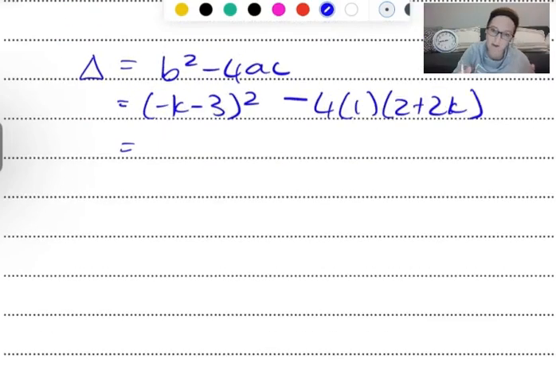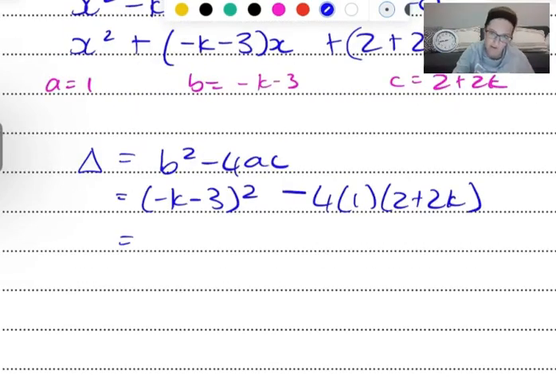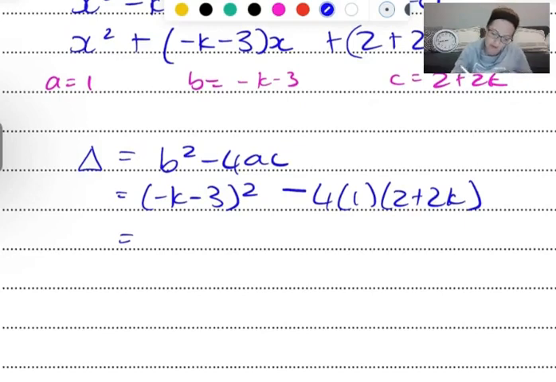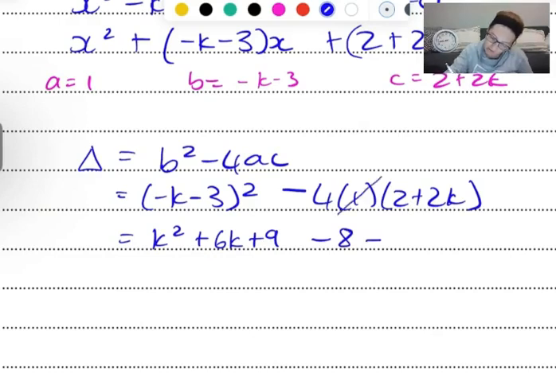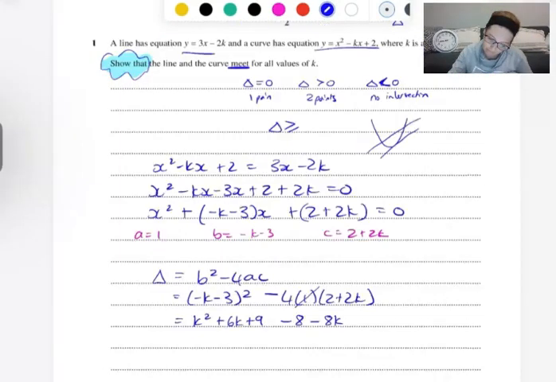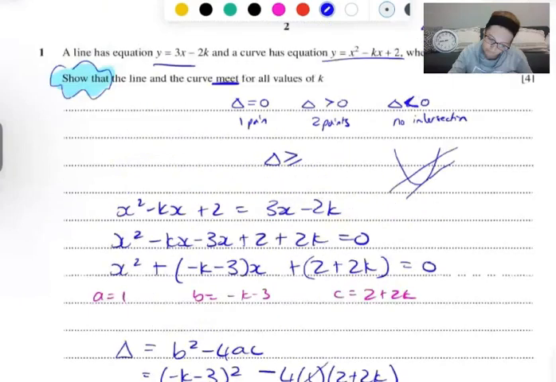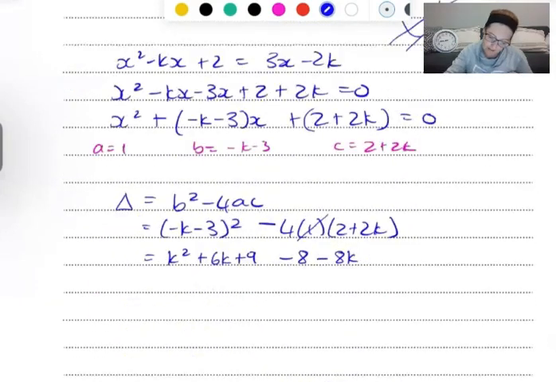If I multiply out my squared bracket, I'm going to end up with k squared plus 6k plus 9 minus 8, minus, immediately I'm thinking, don't get the signs wrong, minus 8k. All right.